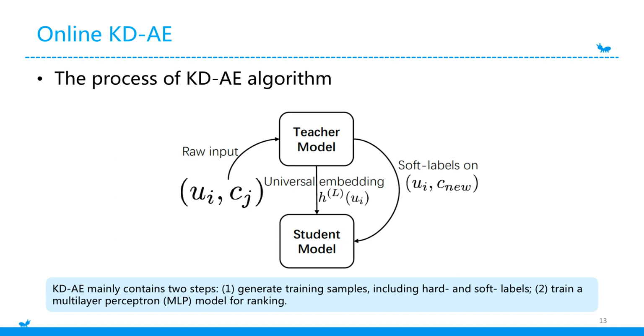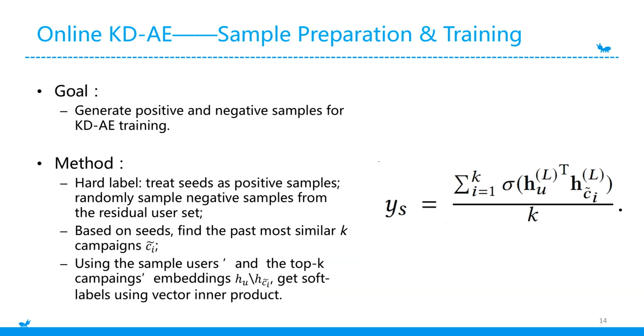KDAE mainly consists of two steps. First, generate training samples including hard and soft labels. Second, train a multi-layer perceptron model for ranking. The connection between the teacher model and the student model is the soft labels predicted by the teacher model.